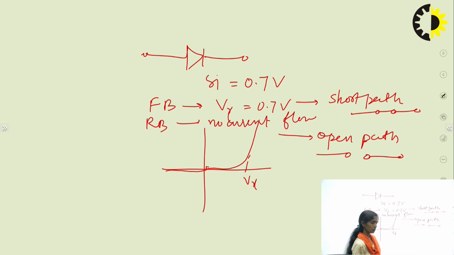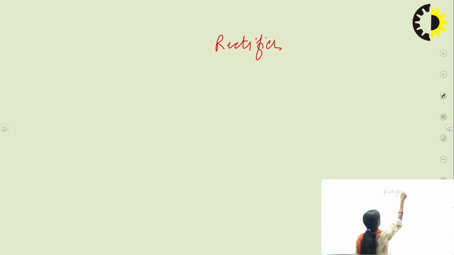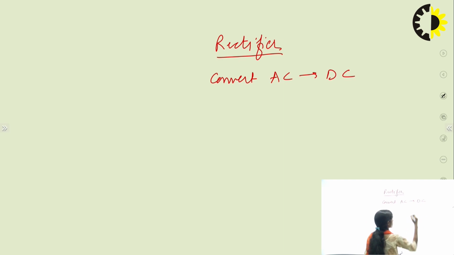So let us now discuss what is a rectifier. Rectifier is a device which is made from diode and which converts the AC signal into DC signal. So in this case we can convert the AC signal to DC signal.